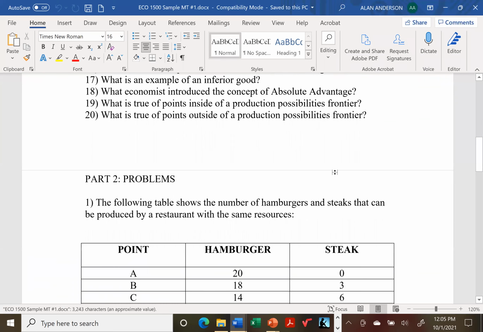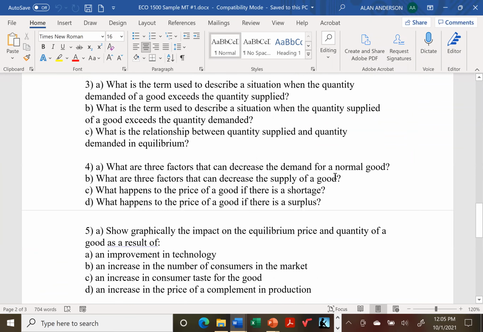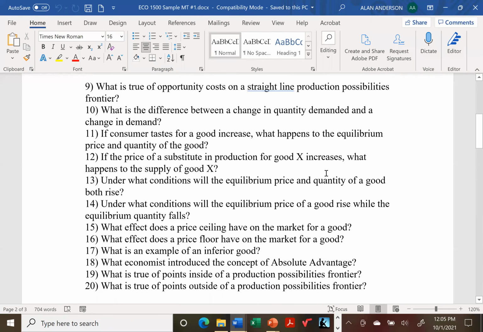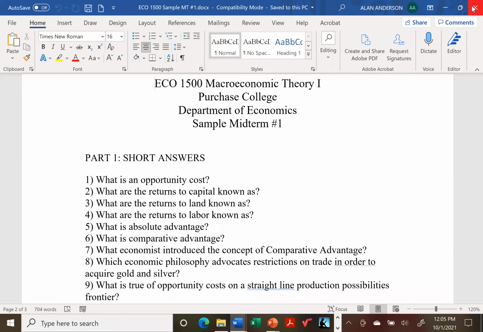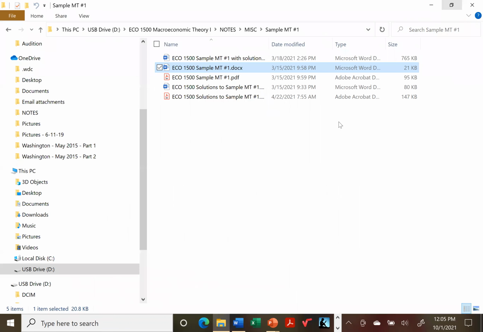Now, I believe this only goes up to chapter 4. Yes, it looks that way. Okay, so you know what that means then. So once we've finished that, which we'll do not on Tuesday, but maybe Friday, then I can post the actual midterm on the Moodle.